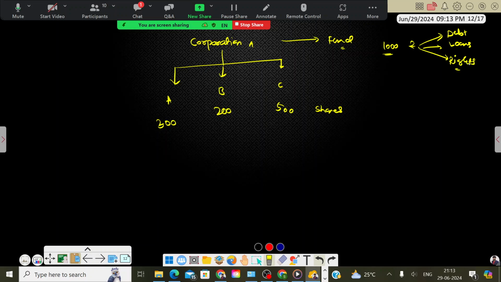So here the important point is, let's say the company decided to raise 1000 rupees capital, with the current market price of a share at, let's say, 2 rupees, but the company decided to raise at 1.5 rupees.